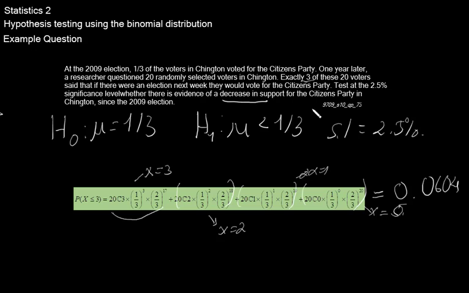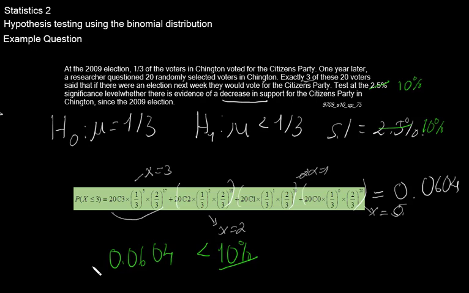Right, so we have seen how we test the hypothesis if the significance level is 2.5%. So what if now we increase the significance level? Let's just say it's not 2.5%, but it is 10%. Right, so we have 0.0604, which is actually much smaller than the 10% significance level.